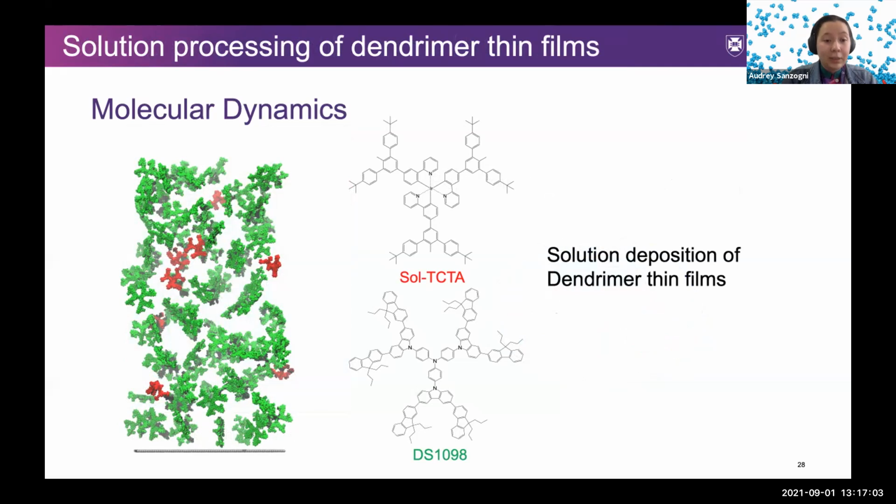So I am currently running simulations where the host material is TCTA, the emitter molecule is the dendrimer, and the solvent is toluene. And we can see how these different molecules affect the formation of the thin film and the final thin film morphology.